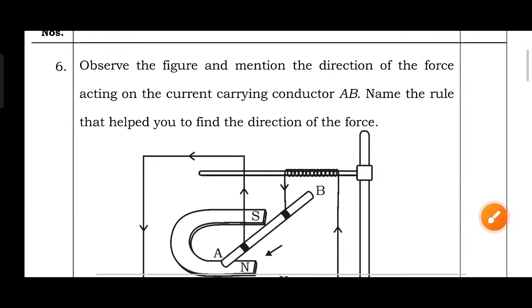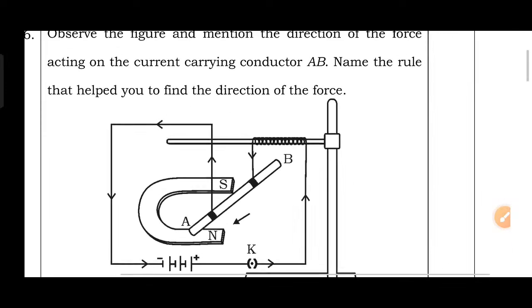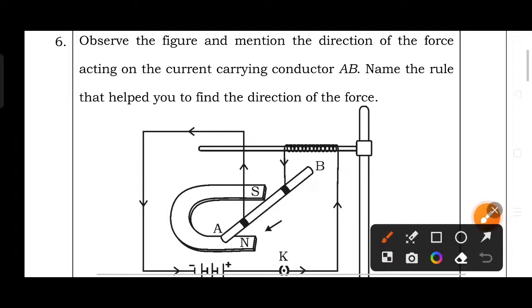Observe the figure and mention the direction of force acting on the current carrying conductor AB. Name the rule that helped you to find out the direction of the force.